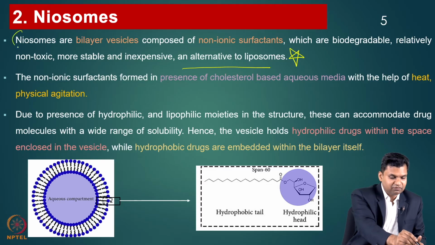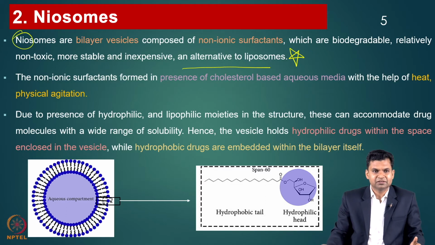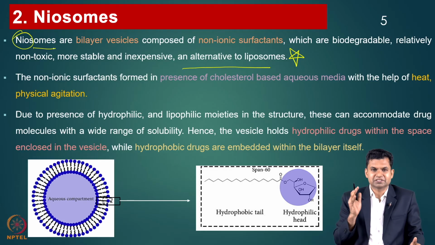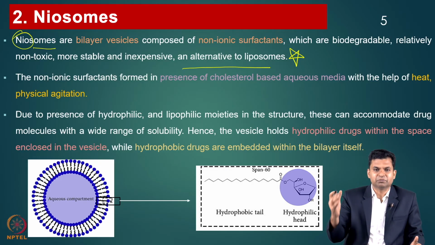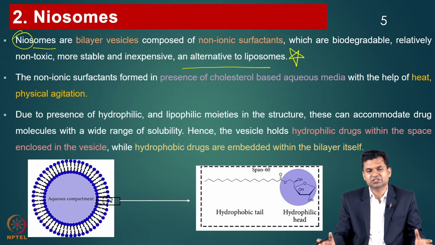From the name itself, you will understand niosomes. Nio is nothing but non-ionic surfactants. Wherever 'somes' comes, that is nothing but a body, or you can say some structure which will help to carry the molecules. So, niosomes are bilayer vesicles which are composed of non-ionic surfactant. Along with that we can use water and other active ingredients.